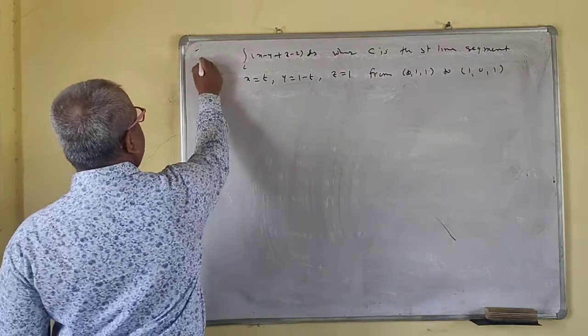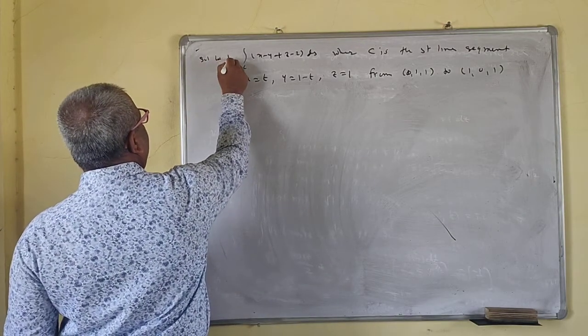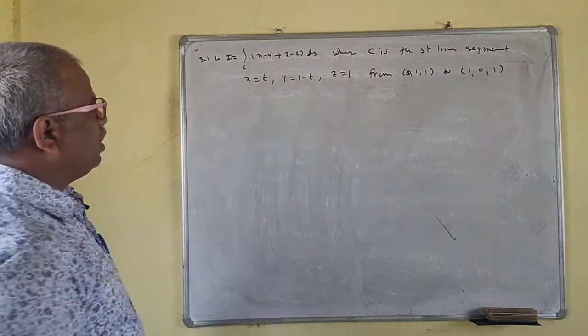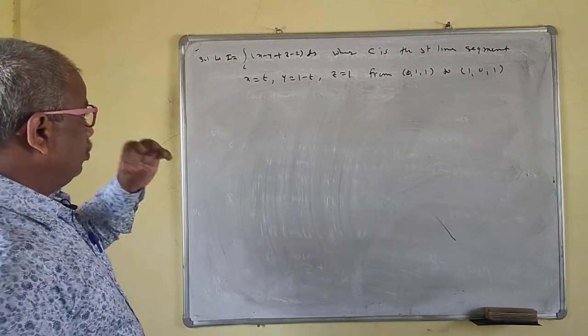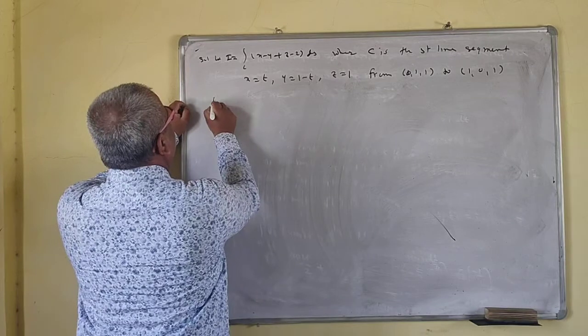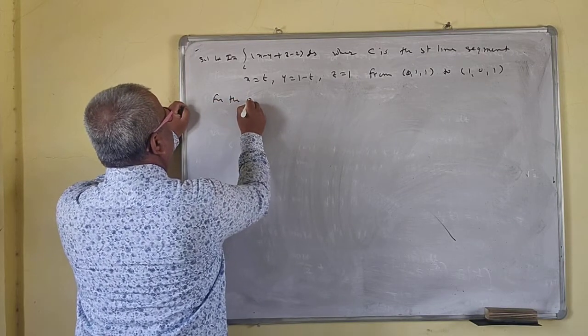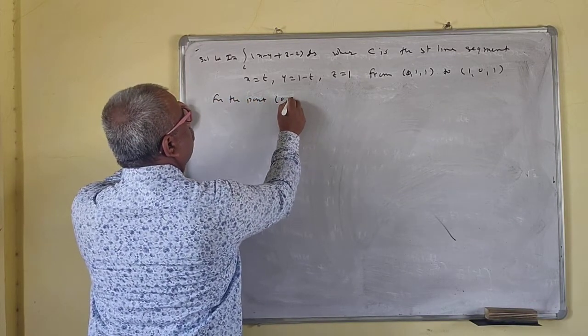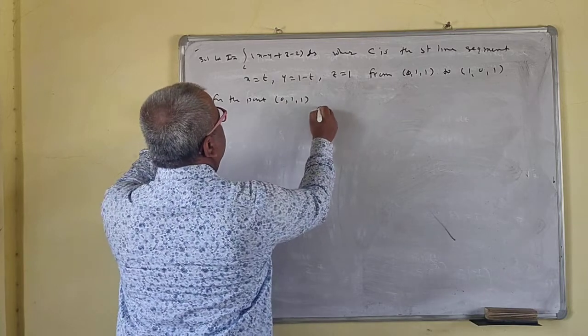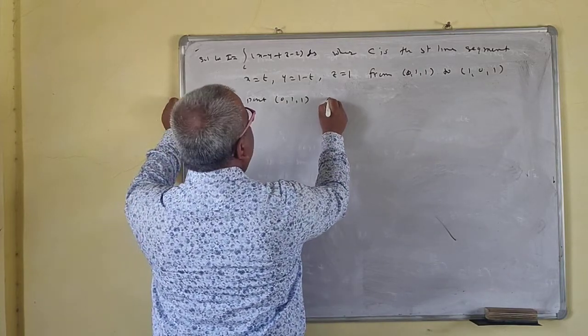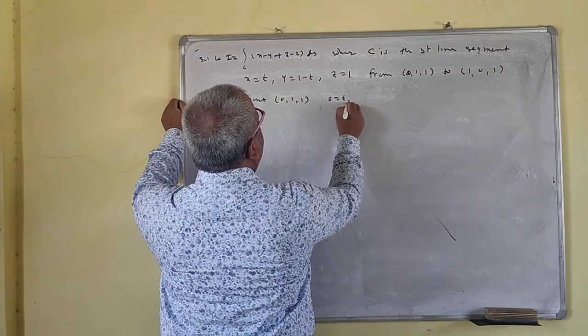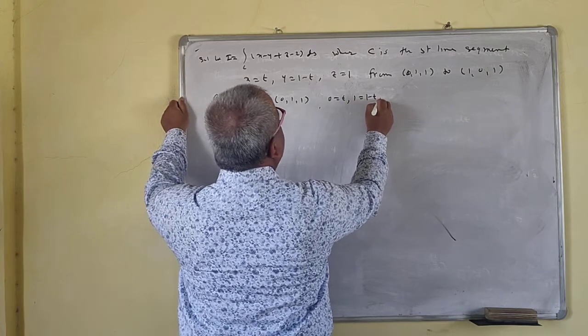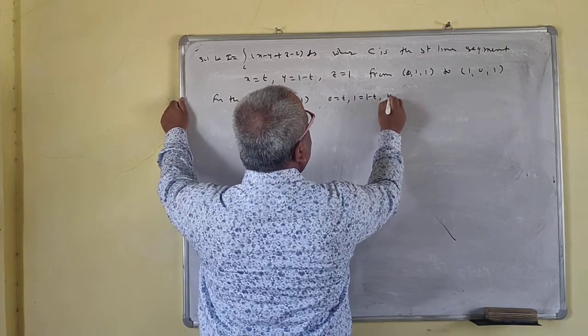Okay, solution. Let R be this integral, where C is this. For the point 0, 1, 1, we put 0 is equal to t, 1 is equal to 1 minus t, 1 is equal to 1.